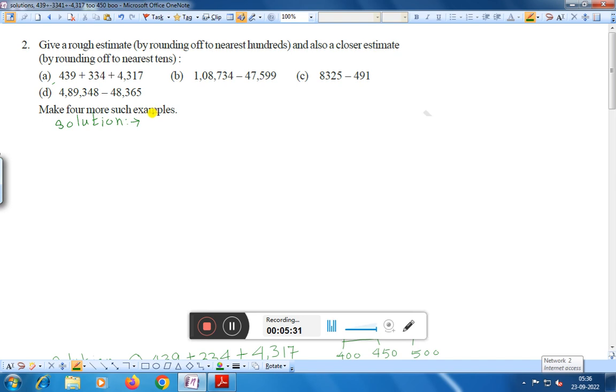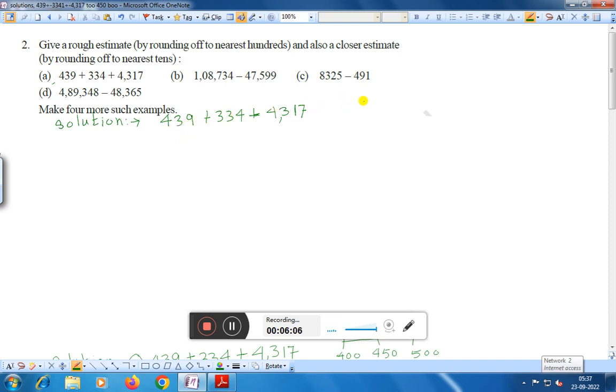Now the number is 439 plus 334 plus 4,317. Okay. Now we have to round it off to nearest 10. Here you see 439.